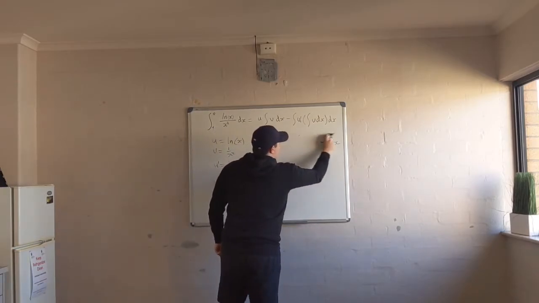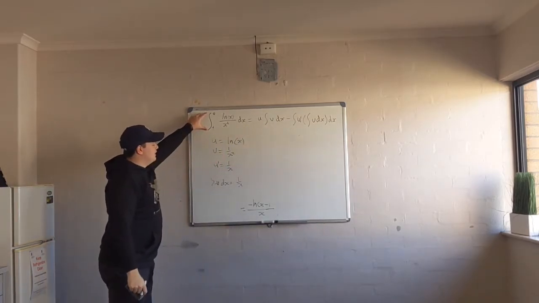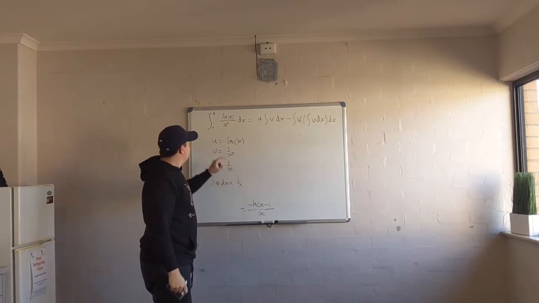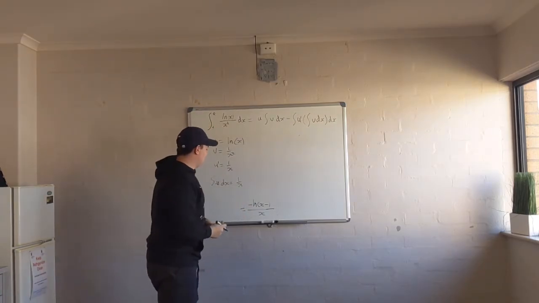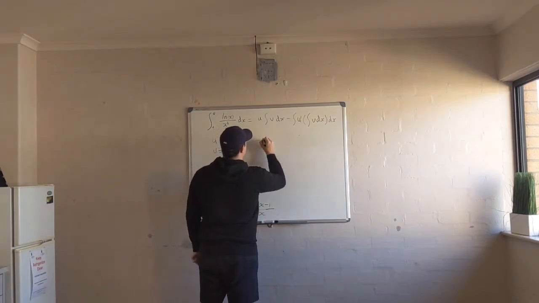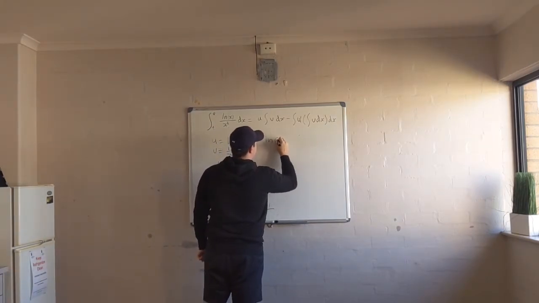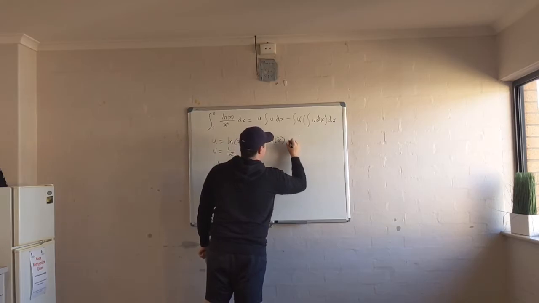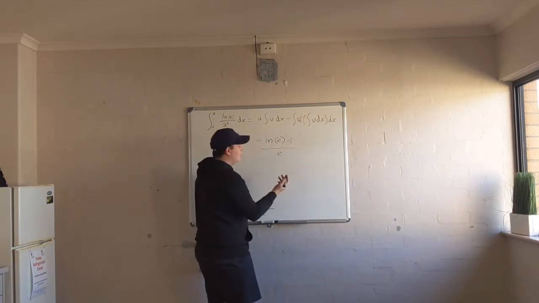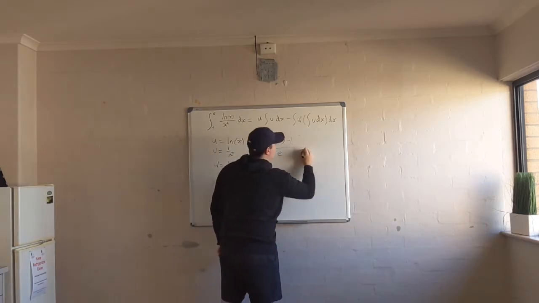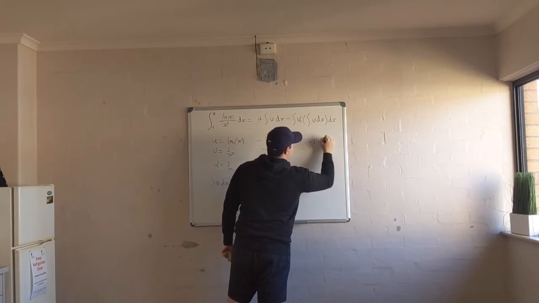And going back to the limits up here, we just have to sub them both in and minus the 1 on the e. So first we'll sub in e, so natural log of e minus 1 over e. The natural log of e is 1, so we've got minus 1 over e.